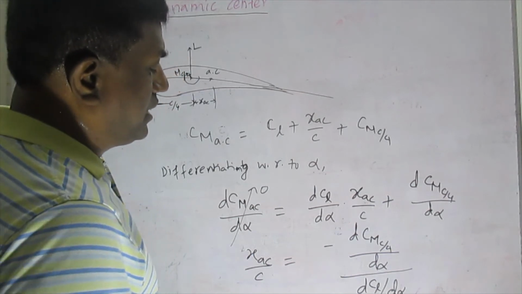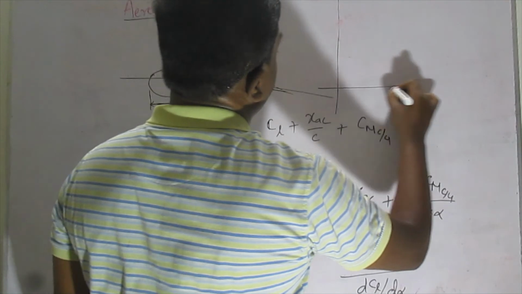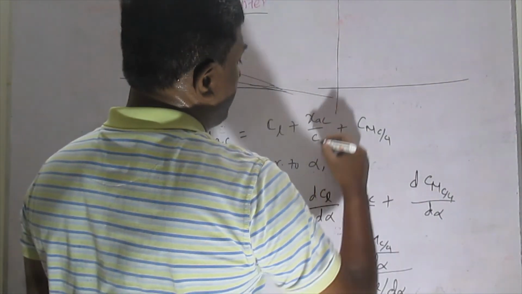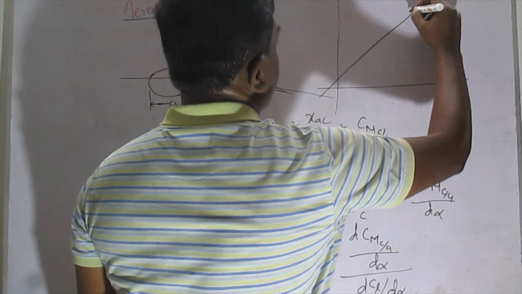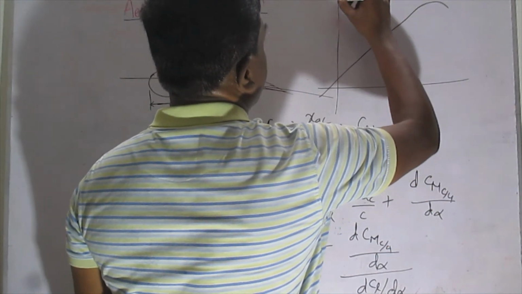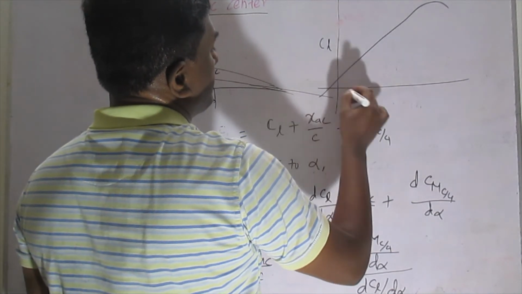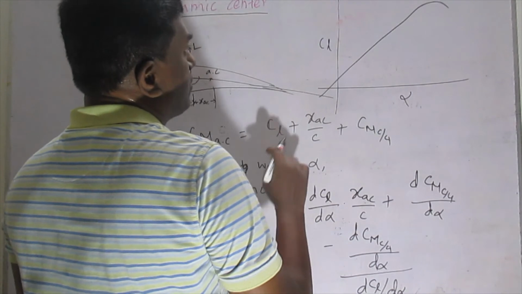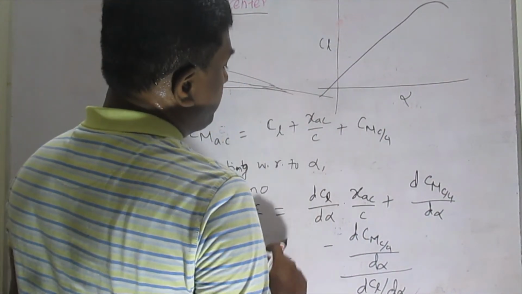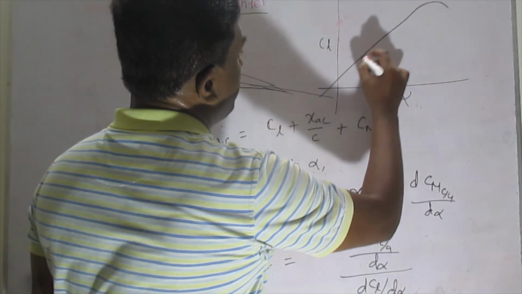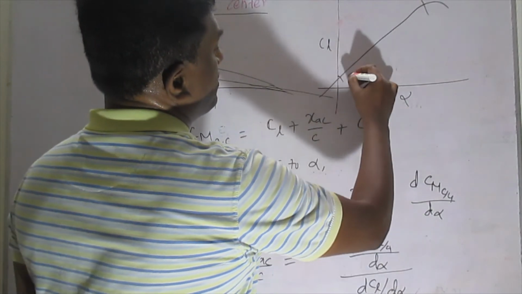That is the matter, because as long as we have the lift curve slope, if this is the C_L versus alpha curve, this is C_L, this is alpha. With respect to this curve, from this point up to here, it is linear.